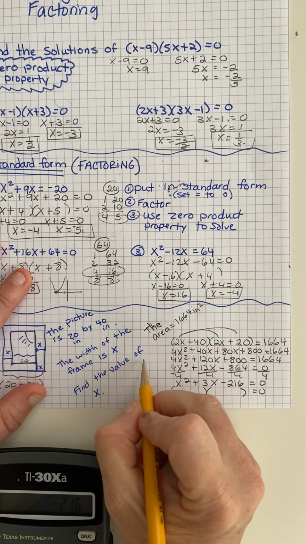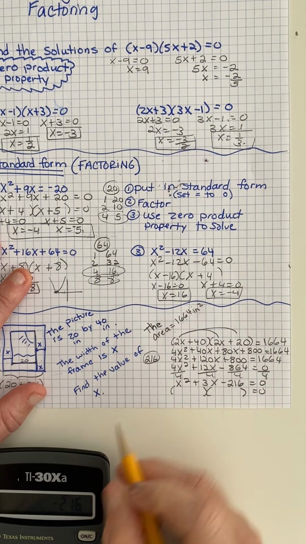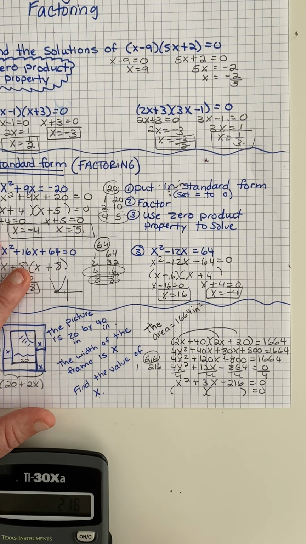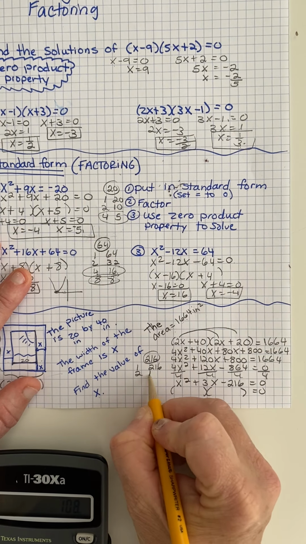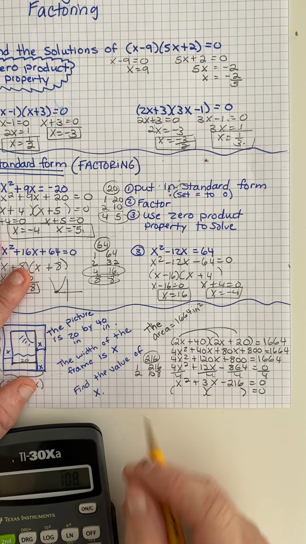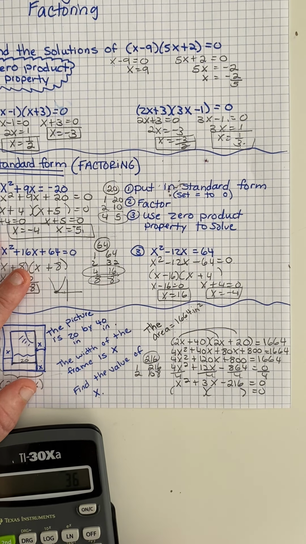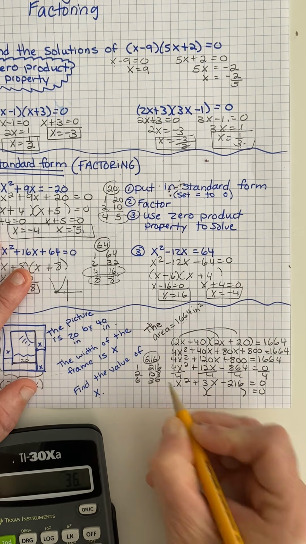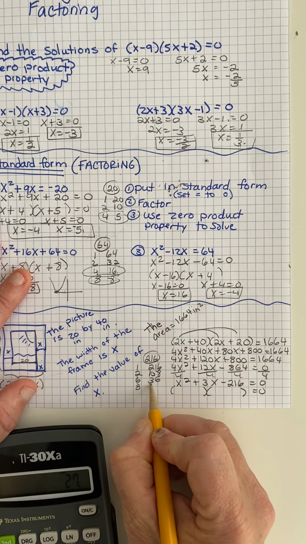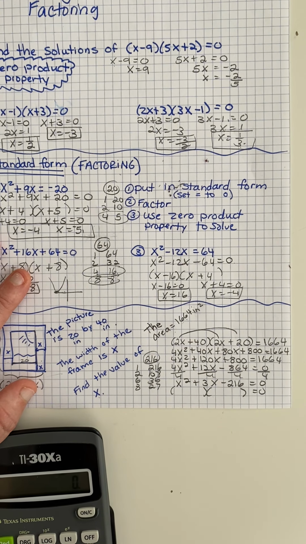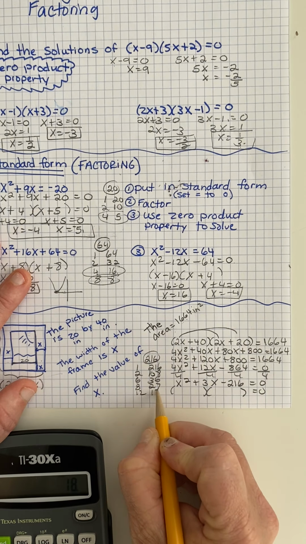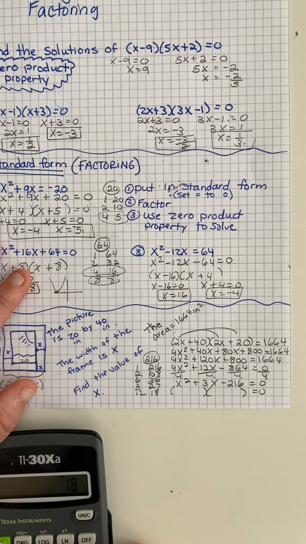I have 216. Let me write the factors of 216. That might not be pretty. 1 and 216. Okay, I'm trying to get all the way to 3, so these numbers have to be fairly close together. 12 and 18.